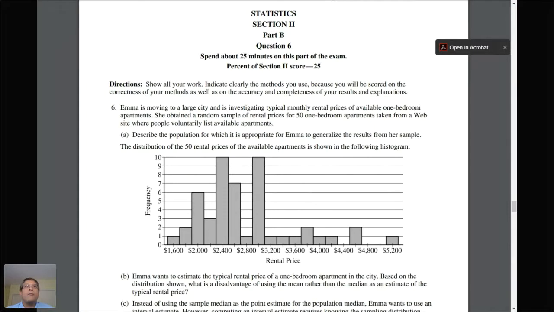So when you write a question like this, you not only have to correctly identify that the mean will be larger than the median, it would also be appropriate to say that the median is a more accurate representation of the rental prices that people actually experience. It is not influenced by a few really, really large numbers on the right side of the distribution.